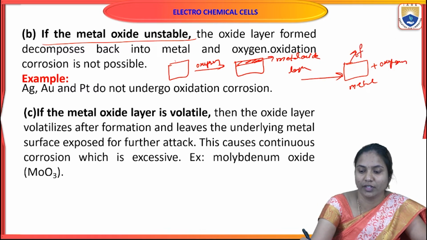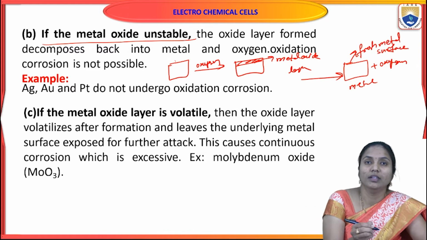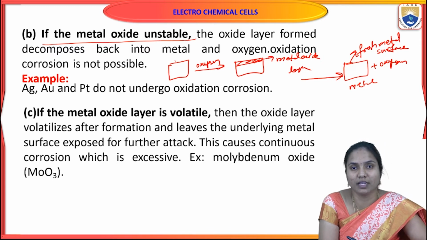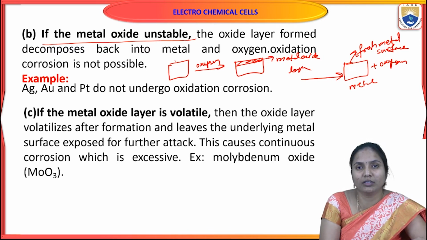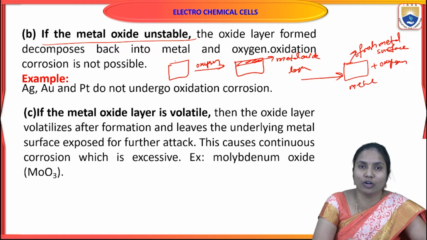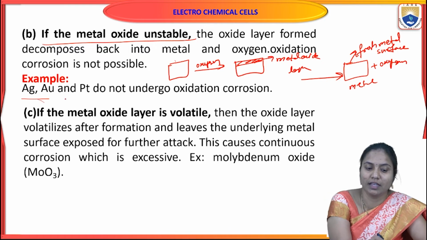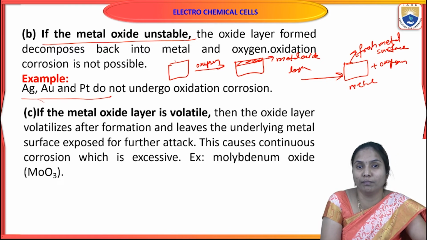Here, a fresh metal surface is available. If the metal oxide layer decomposes back into metal and oxygen, generally it is non-protective, but the best examples are silver, iron, platinum.